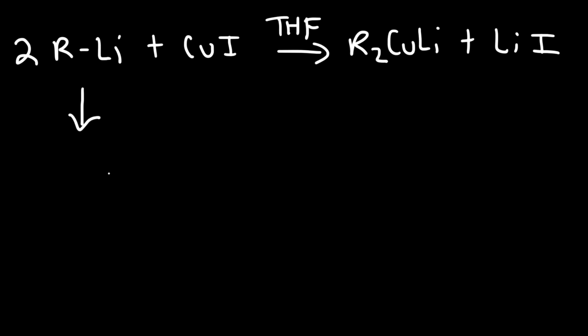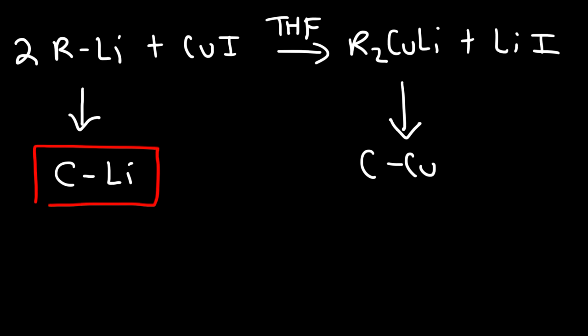So here we have a carbon-lithium bond, and here we have a copper-carbon bond, or carbon-copper bond. Now a transmetallation reaction will occur if the carbon-metal bond can go from more polar to less polar.